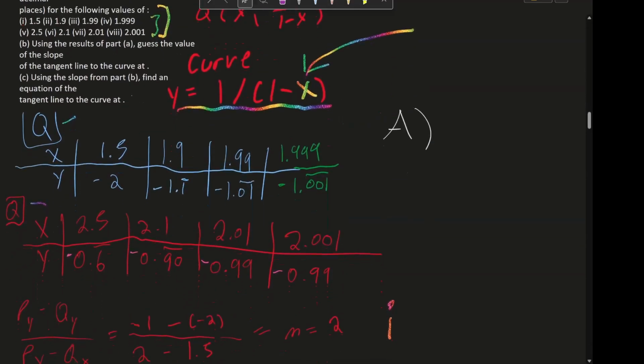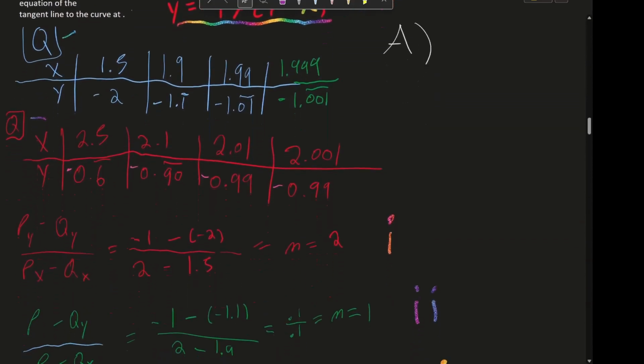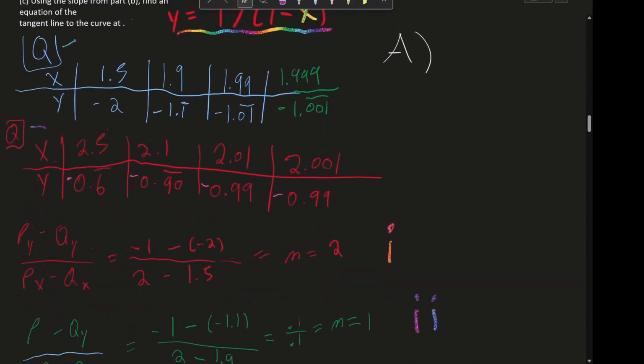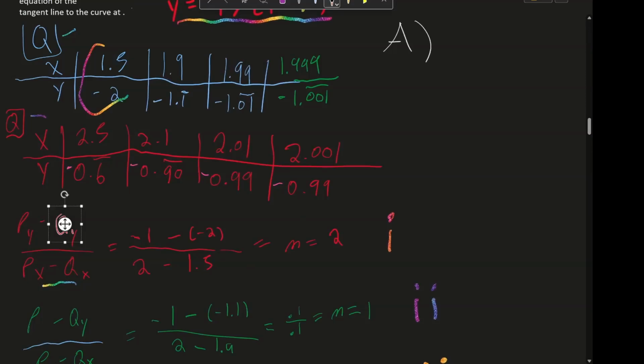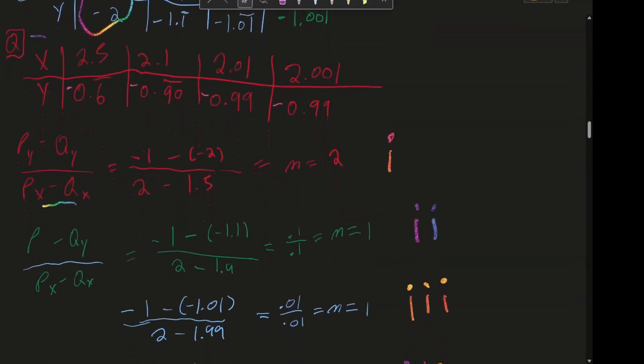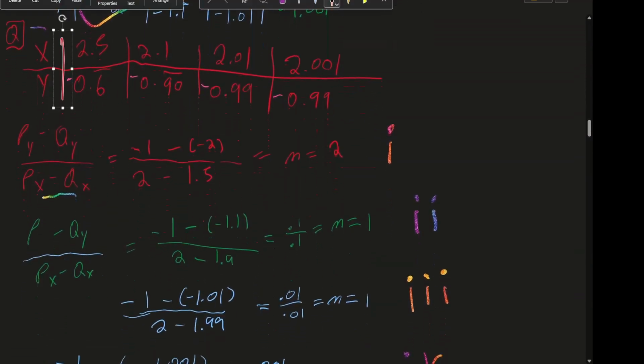So after calculating your x and y values, which I've already done in these tables, to calculate the slope, you'll have your P y coordinate minus your Q y coordinate over your P x coordinate minus your Q x coordinate. For the first ordered pair, that is -1 minus -2 over 2 minus 1.5, which gives you a slope of 2.